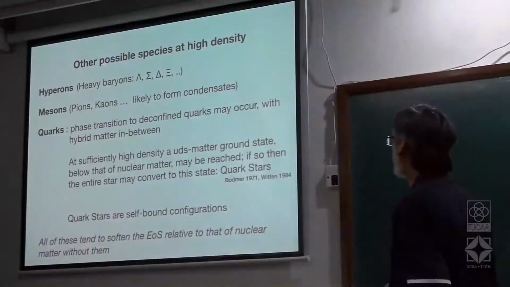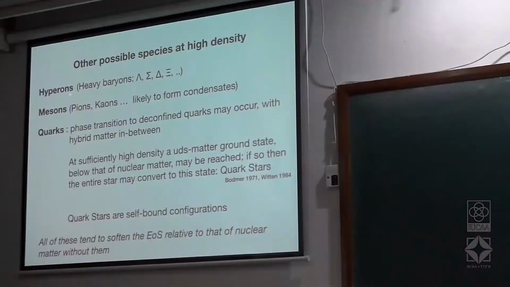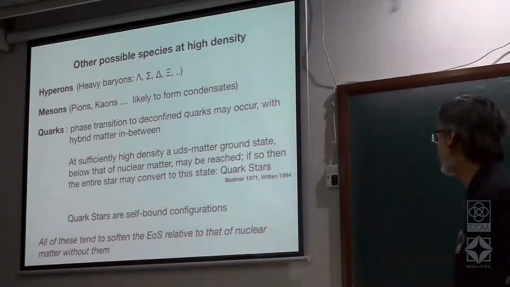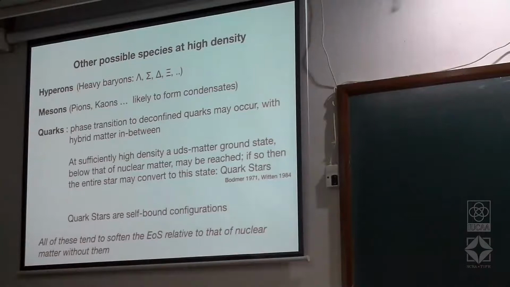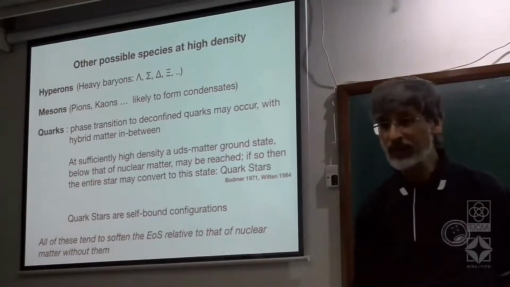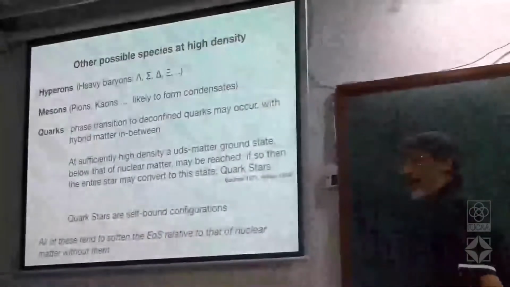And as I also mentioned, species at high density include hyperons, mesons, quarks. Now with quarks, something interesting may happen. If you go to high enough density, you can get a phase transition to deconfined quarks perhaps.